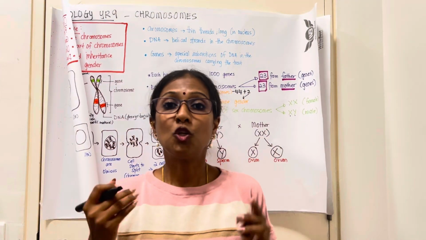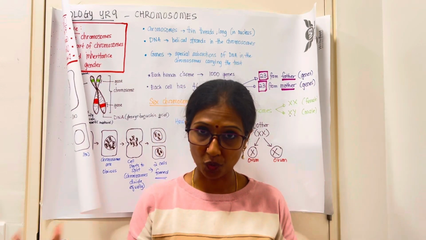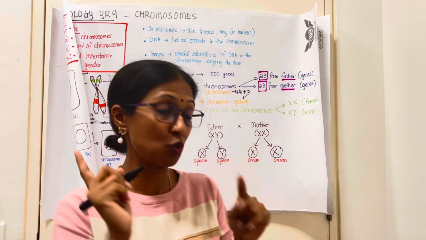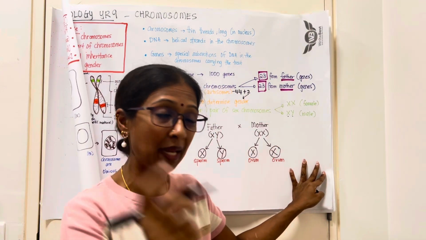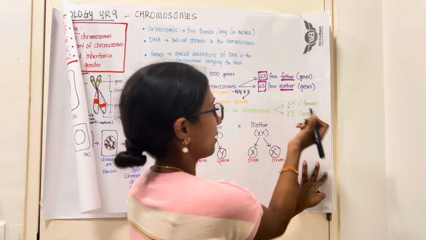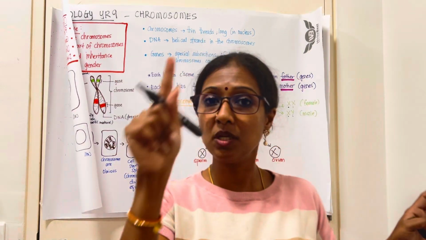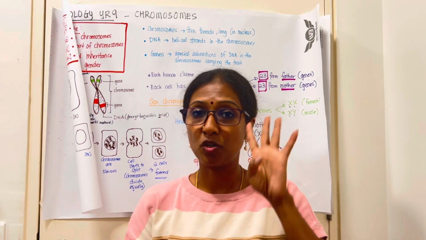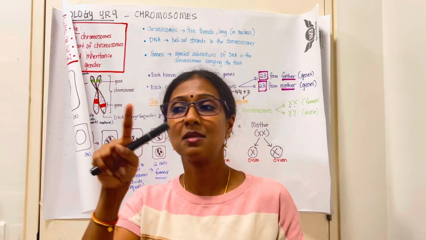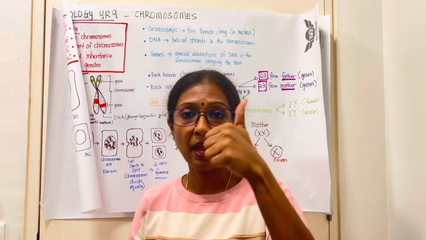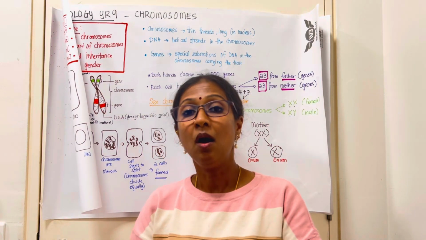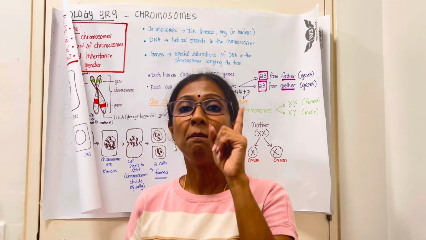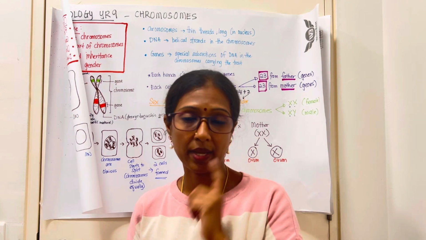Hillary, you will have 44 autosomes plus 1 pair of female sex chromosome, which means you will have 44 plus X plus X. So all you girls in the class, myself included, we have 44 plus XX. So 44, X, 45, 46. All the boys out there, you have 44 plus X plus Y.